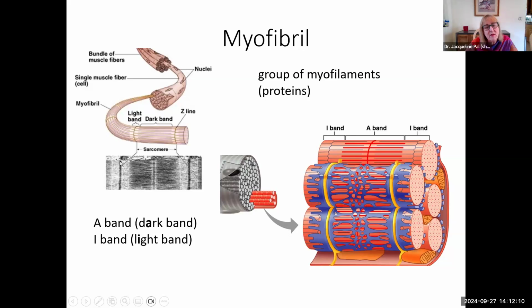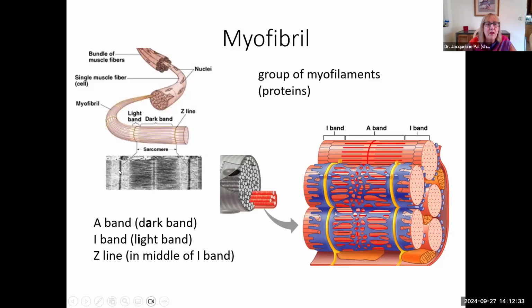Now notice in the middle of the I band, there is this dark line. That is the same thing as this zigzag line shown in the picture on the right, and that is called the Z line. So the Z line is in the middle of the light band or the I band.